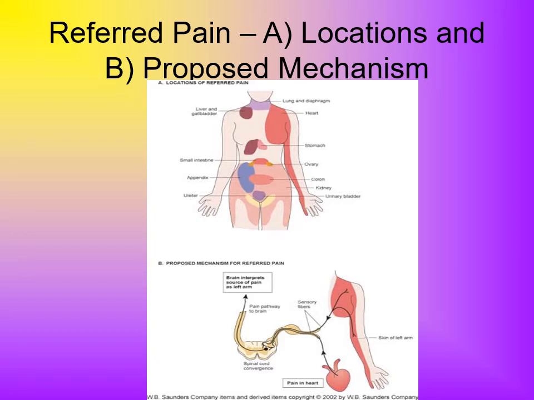And the perception of pain that occurs at a site distant from the source is what we refer to as referred pain. Generalized and referred pain are characteristics of visceral damage in the abdominal organs. For example, pain in the left neck and arm is characteristic of heart attack. So the top picture gives you some referred pain sites.